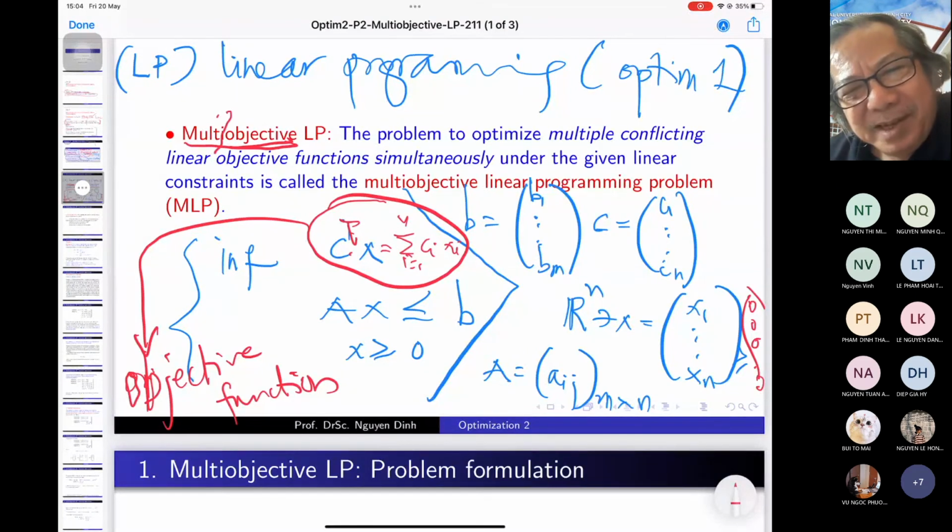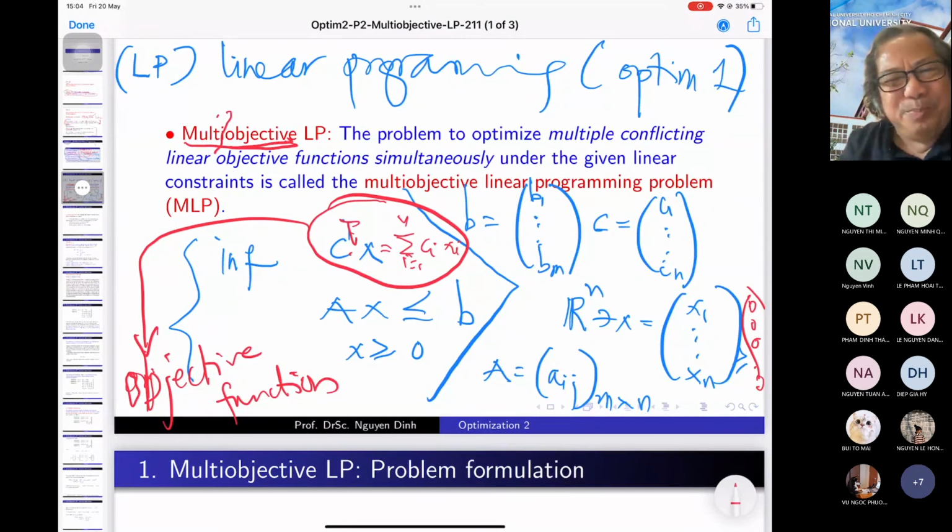So you have multi-objective. Multi-objective means what? Can you predict how to translate linear programming with multi-objective into Vietnamese?